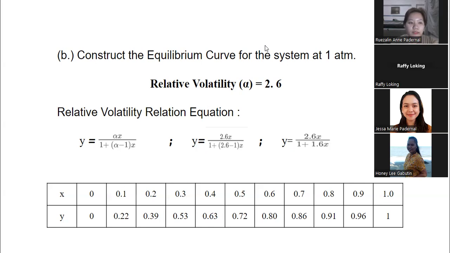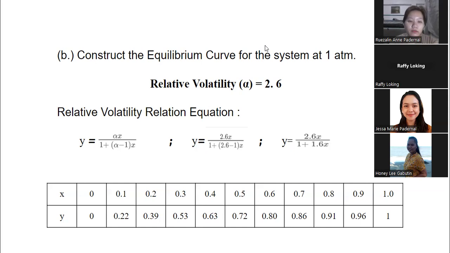In the table, we simply set our x from 0 to 1. Using the values of x, we can substitute them into our equation to get y. For example, for 0, if we substitute it into our equation, 2.6 times 0 over 1 plus 1.6 times 0 would also yield an answer of 0.